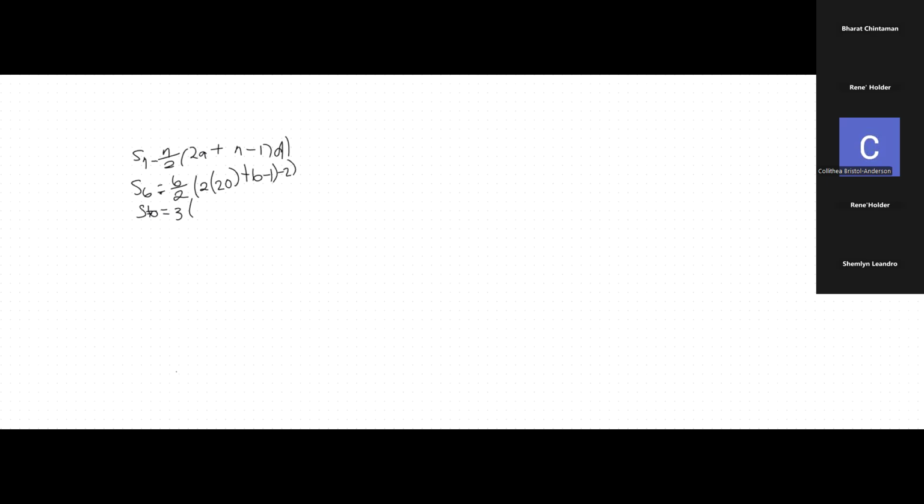2 times 20 is 40, minus, 3, everything. Now, when we're multiplying, you're going to have negative 10.